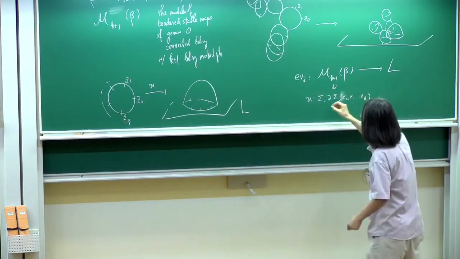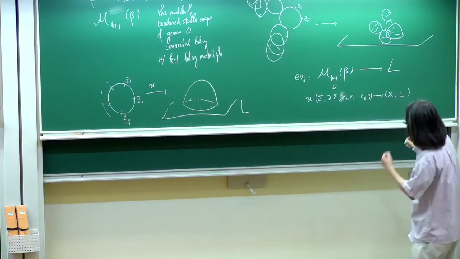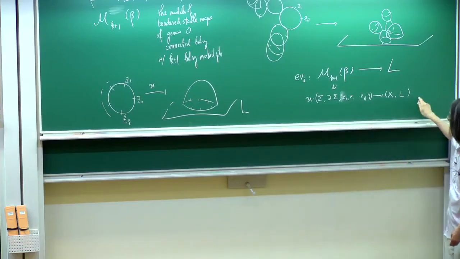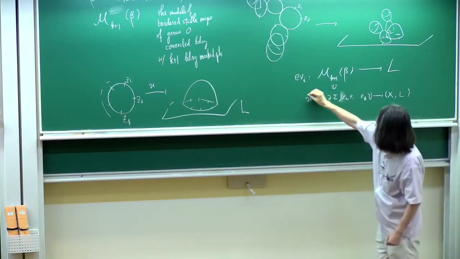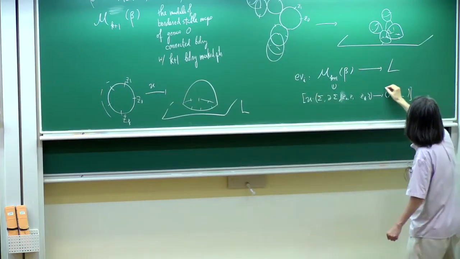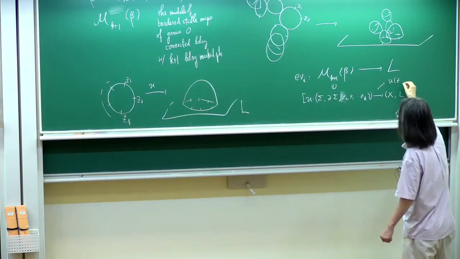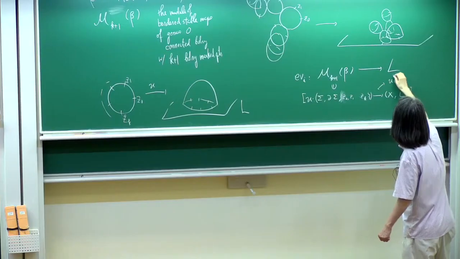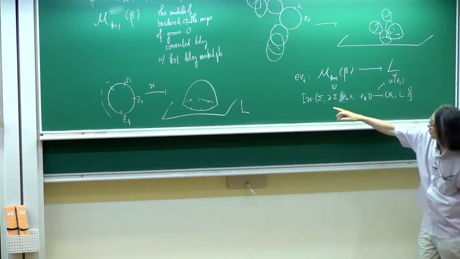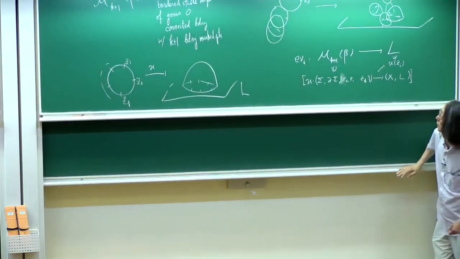They are points of the boundary, mapped to X, L. I don't put any constraint at this moment. So take a class, it's mapped to u of Zi. I just take the value of u at the i-th marked point. So this is the evaluation map.